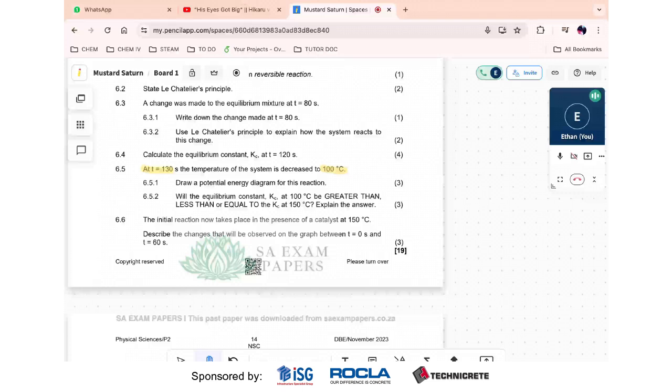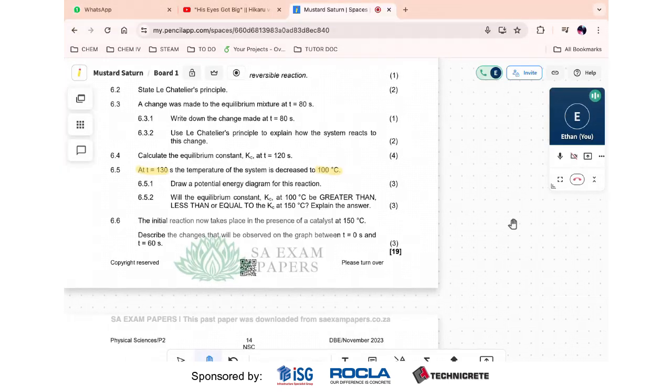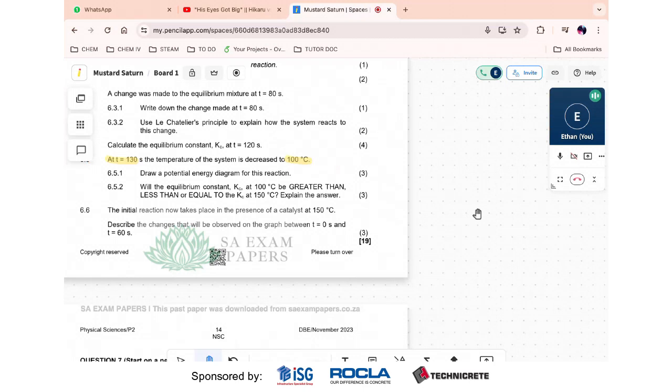And the first thing is that they don't tell us that the catalyst favors either the forward or the reverse reaction. So when they don't tell you that, it's best to assume that the catalyst will work both ways. So it'll increase the forward and the reverse reaction. So that's the first thing you need to decide: how does the catalyst affect our reaction?